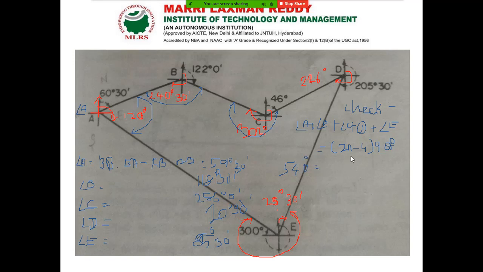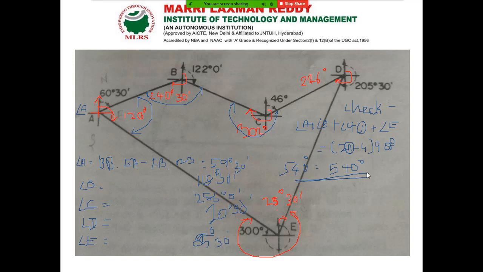Here n is nothing but the number of station points. So here A, B, C, D, E, there are 5 station points. So 2 into 5 minus 4 into 90 degree. So that I can get the value of 540 degree. So whatever the reading which they have given or we have taken, that is correct.